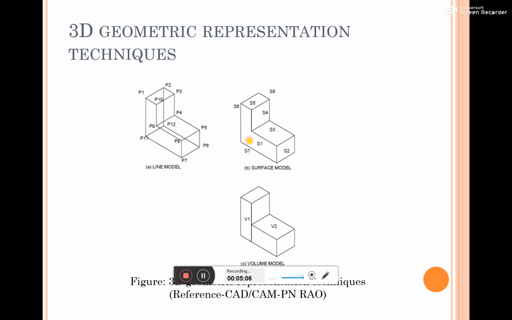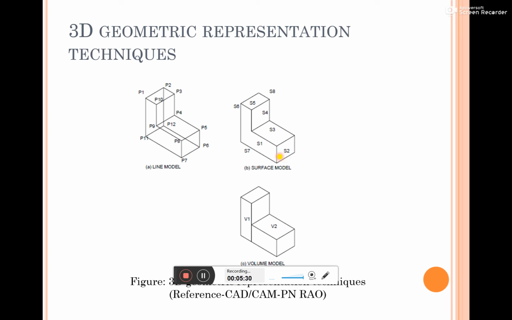This is one surface, this is one surface, this is one surface, and like that we use 8 different surfaces to represent this 3D shape. Such a model is called surface modeling.